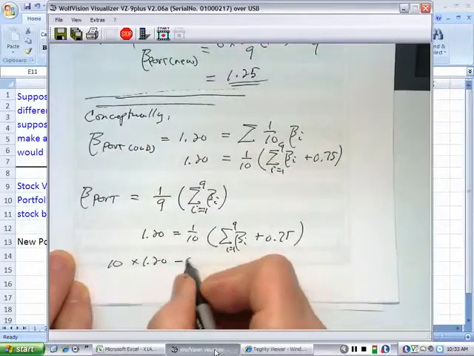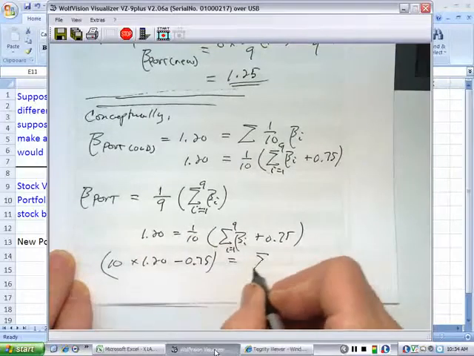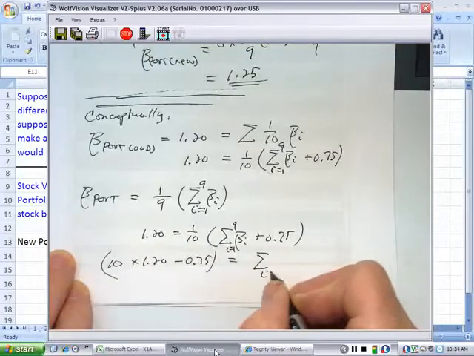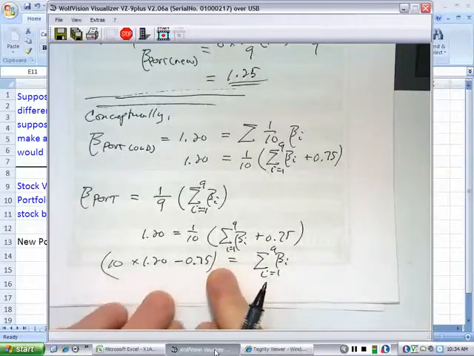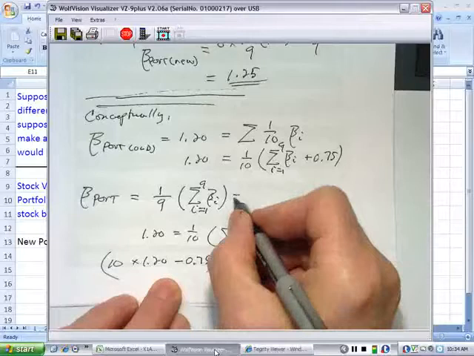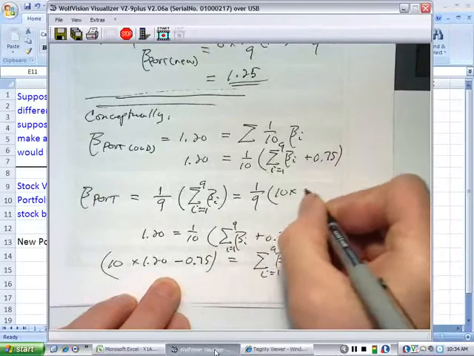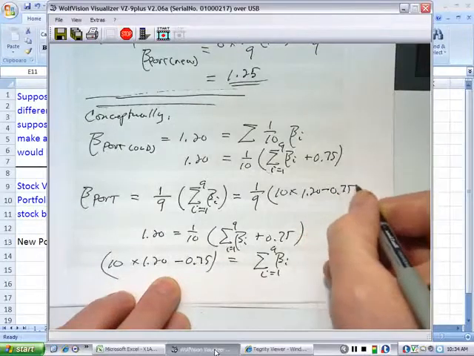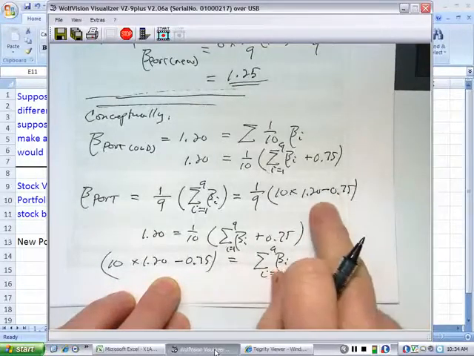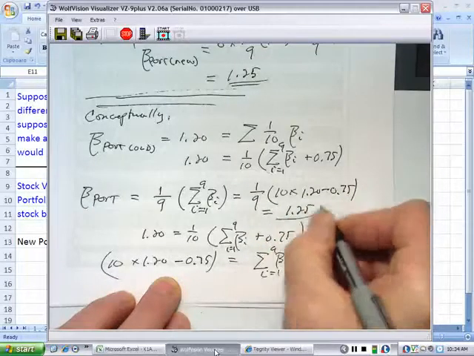If we subtract off 0.75, this is the value of the sum for i equal 1 through 9 of the beta i. It equals this amount right here. So all we have to do is plug that in here, and if we take 1/9 of 10 times 1.20, subtract off 0.75, solve this in the parentheses, divide it by 9, you'll also get 1.25.